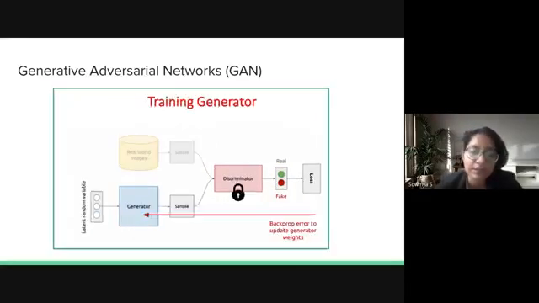Now, in the generator phase, we have already trained the weights of the discriminator, so we simply update the weights of the generator. Now, as you can imagine, this has to be done in an iteration, because the very first time there will be nothing generated, and so on. So this happens in an iterative process, and we train the discriminator and we train the generator again and again and again.